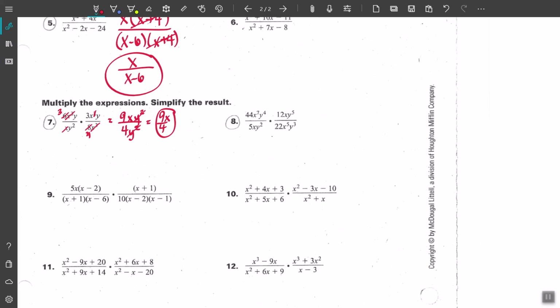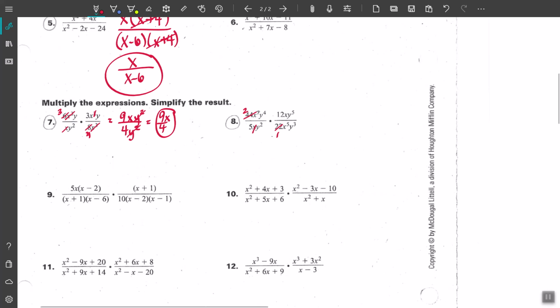All right, we'll do the same thing on number 8. I'm going to start by trying to simplify my constants. So I can divide 44 by 22 and get 2, and 22 divided by 22 is 1. That's all that I can do with my constants. So then I'm going to move to my x's. I have an x to the 7th here and just an x to the first power here. So I can subtract those exponents, 7 minus 1.